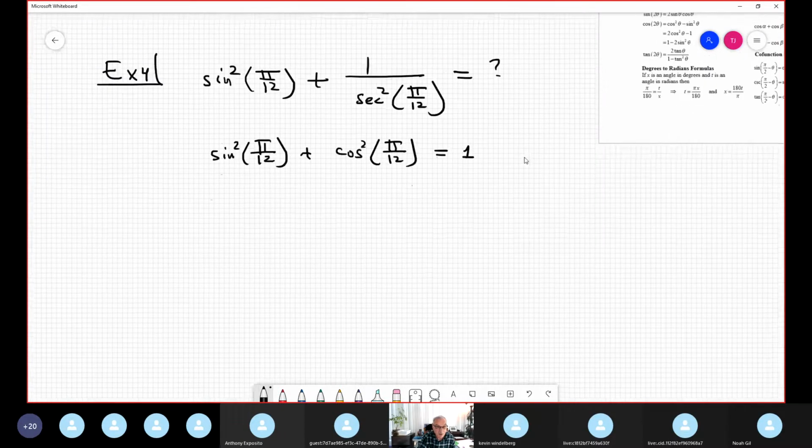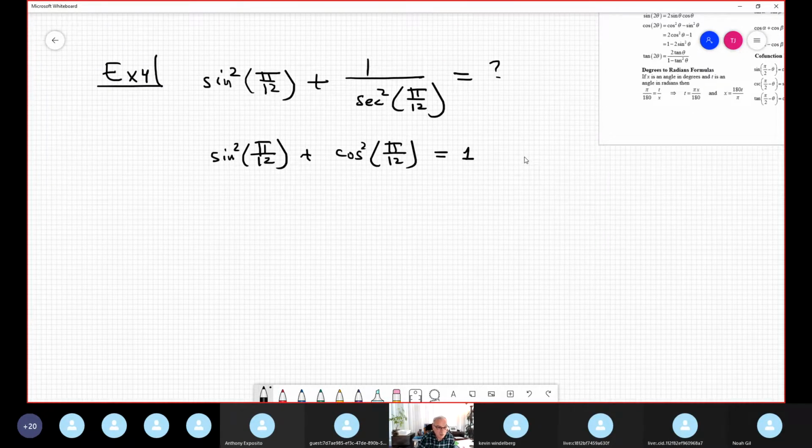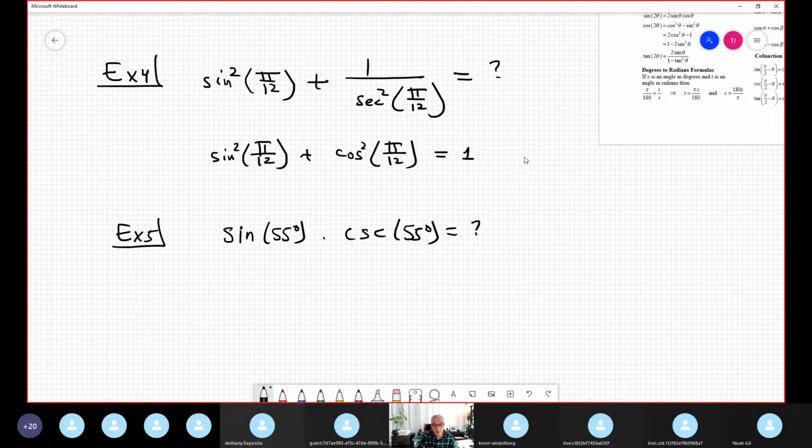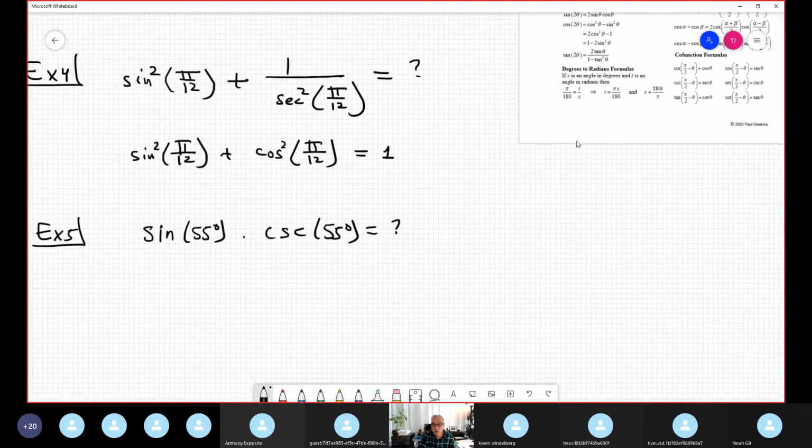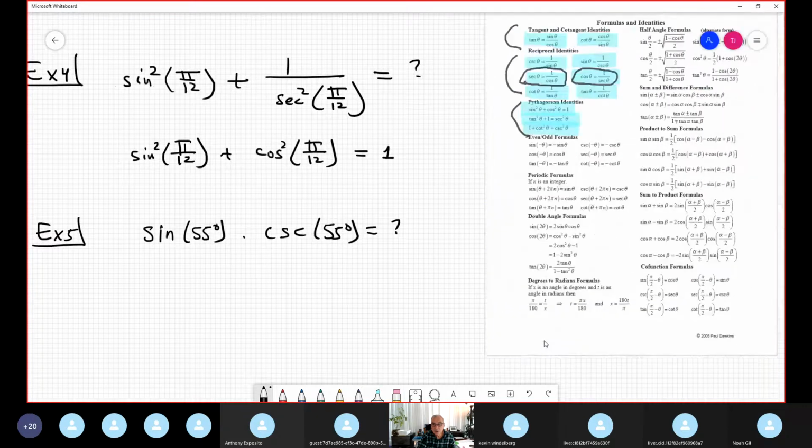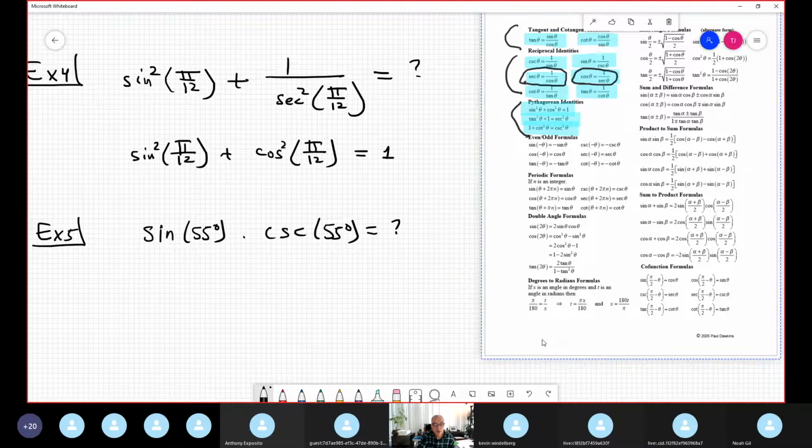I bring another. Suppose example number 5. Everyone follow me? This is very straightforward, no? Yes, Professor. Well, okay. Suppose sine 55 degrees multiplication by cosecant 55 degrees. I have no idea. I go to the cheat sheet, and we apply again the reciprocal.